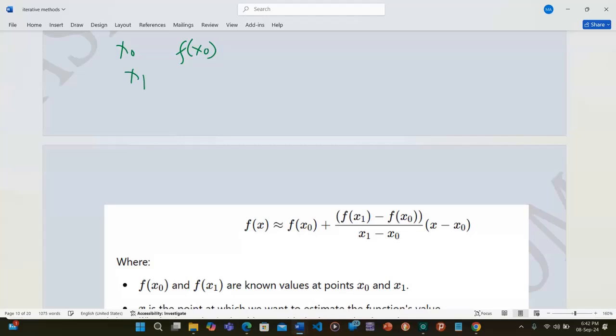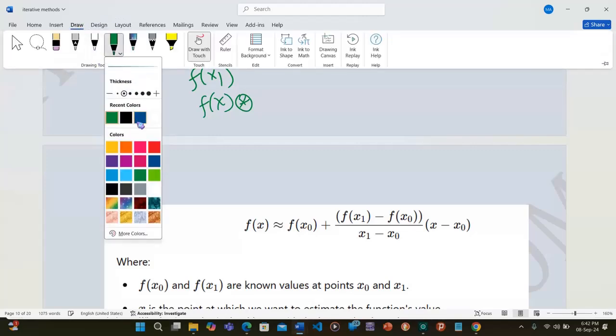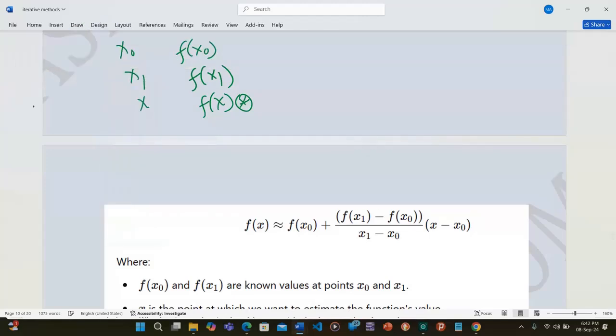At x1, the value of the function is f of x1. At x, the value of the function is f of x. Let us assume that this one is unknown.